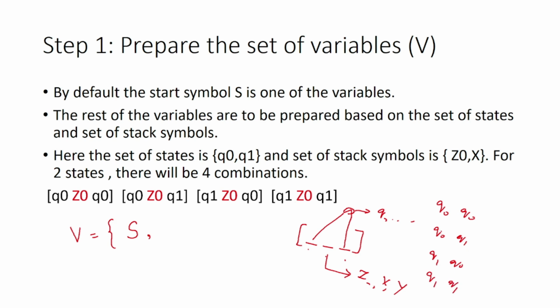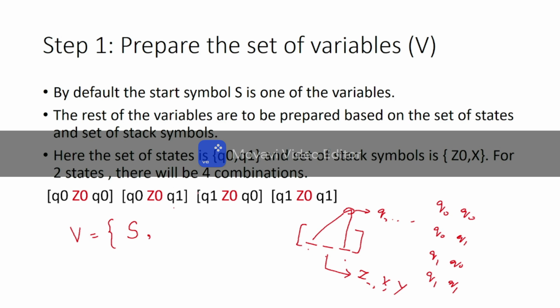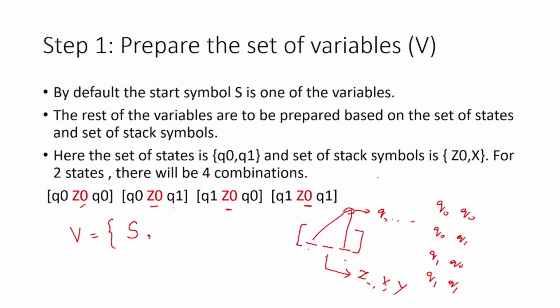We can place these combinations in the triplet form, and the second component can be filled with the stack symbol. The given PDA consists of 2 stack symbols, z naught and x. So the first set of combinations can have z naught in its place, and the second set can have x.